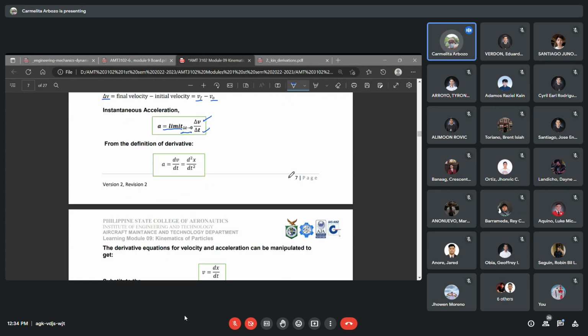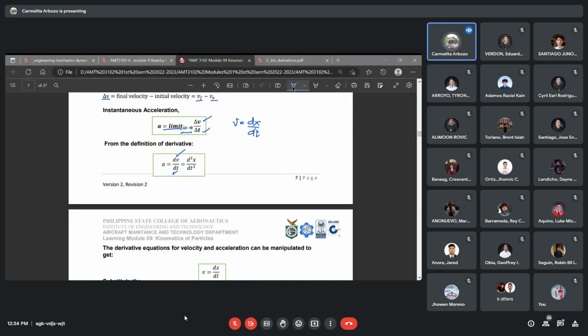Okay, so from the definition of derivative, pwede nating isulat as derivative of velocity divided by the derivative of time. Pero sabi natin kanina, yung ating velocity is equal to dx over dt. Sabi natin, di ba?